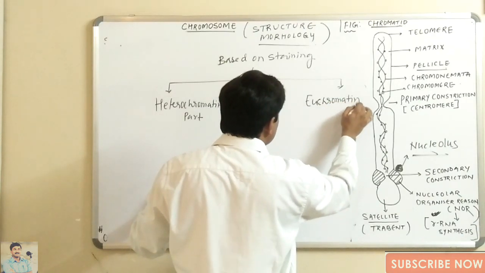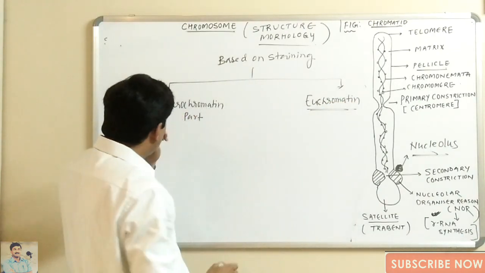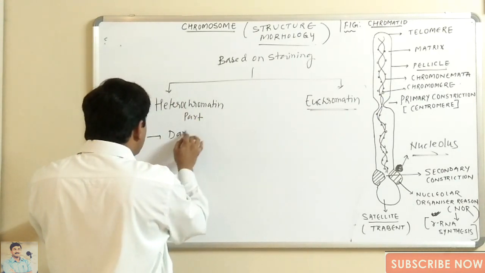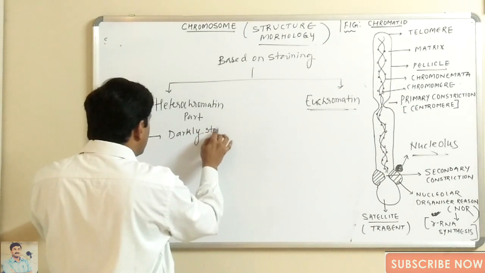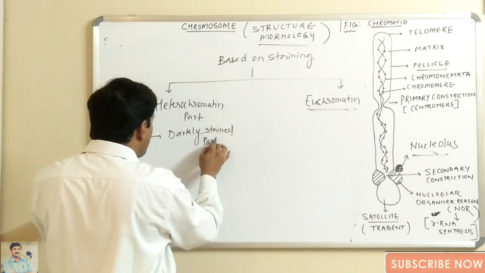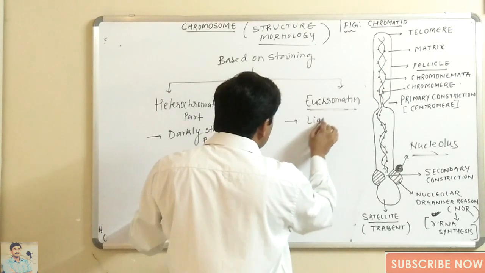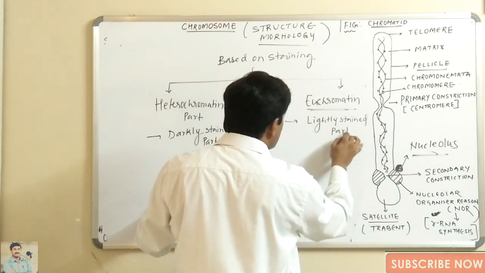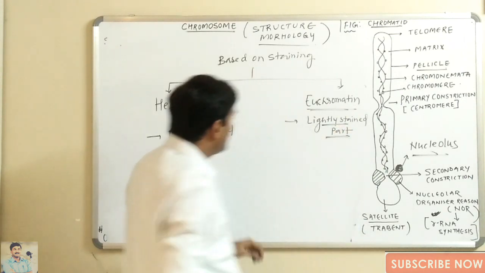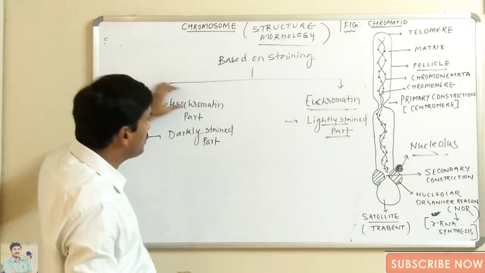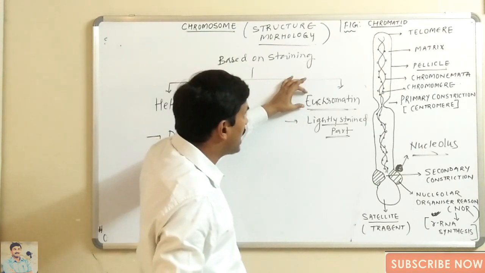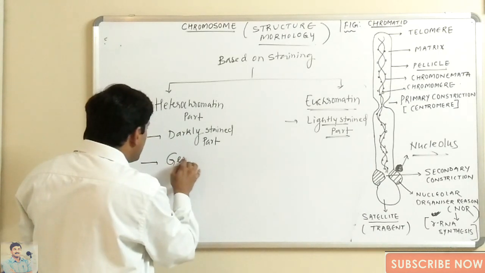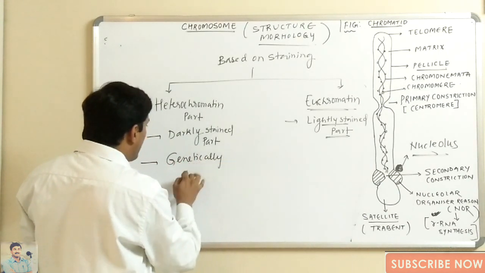This is the classification based on staining: heterochromatin and euchromatin. The heterochromatin is the darkly stained part and the euchromatin is the lightly stained part. When we stain with acetocarmine, the darkly stained part is the heterochromatin and the lightly stained part is the euchromatin.